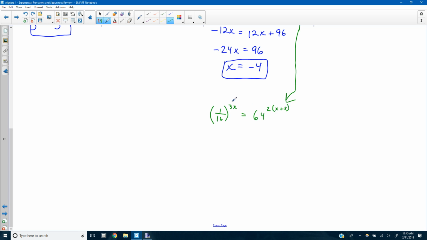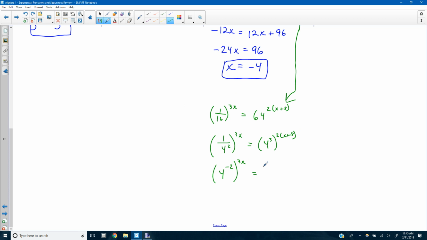Okay, this time we're going to use 4. So this will be 1 over 4 squared to the 3x equals 4 cubed to the 2 times x plus 8 power. This becomes 4 to the negative 2nd power.